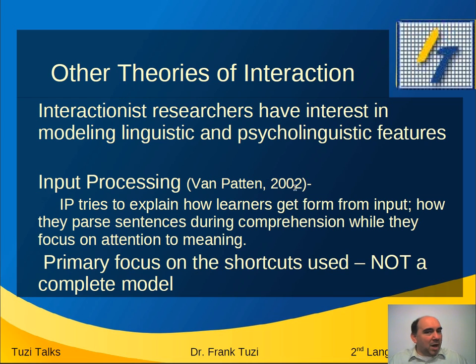And I need to parse out what the structure is, what the meaning is, the denotated meaning versus the connotated, so that I can understand what's going on, and all at the same time trying to have this negotiation of meaning. All at the same time trying to attend to what's the meaning of what's going on. Okay, so all this happens like this with us. We don't even think about it.